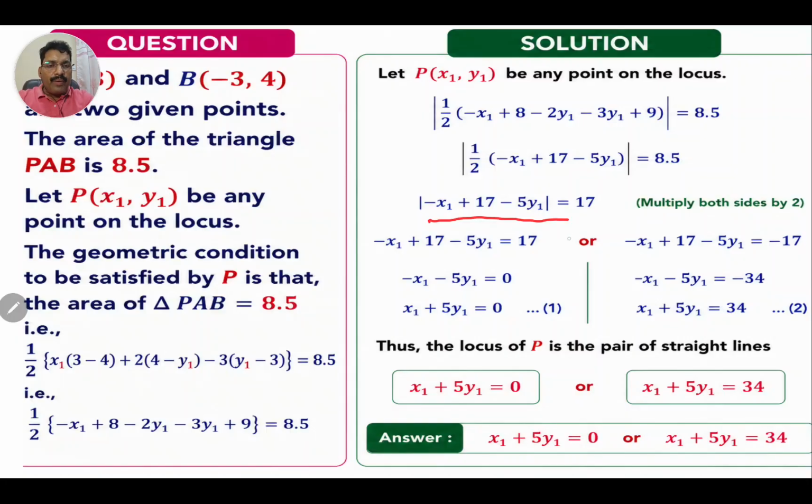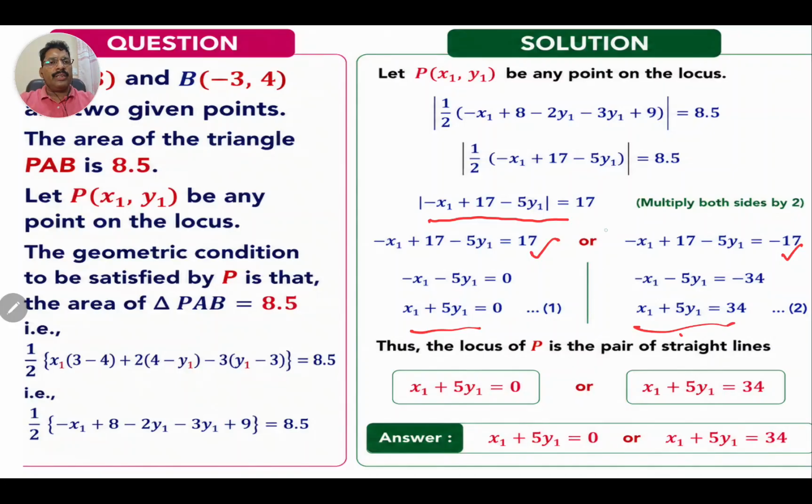Removing modulus, one time plus 17, one time minus 17 we have to take. After simplification, we got x1 plus 5y1 is equal to 0 and x1 plus 5y1 is equal to 34. So locus of P is a pair of straight lines: first line x plus 5y is equal to 0, or x plus 5y is equal to 34. In this way you have to find the locus of the given question.